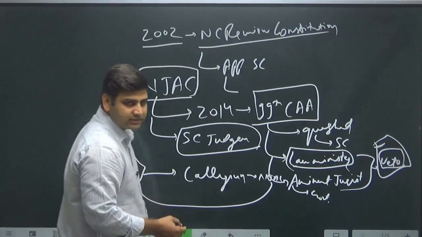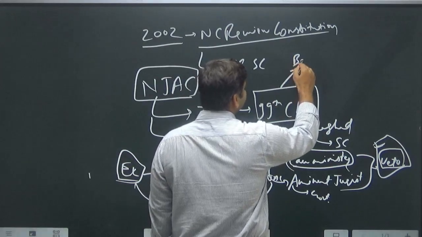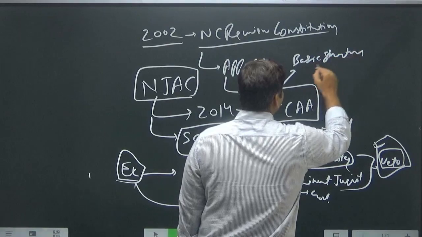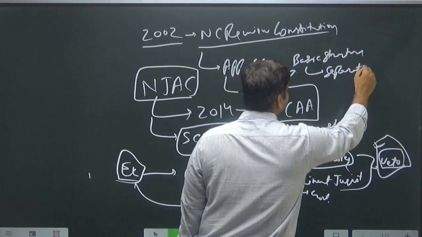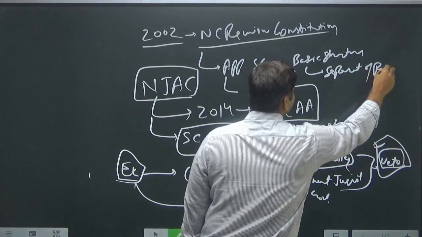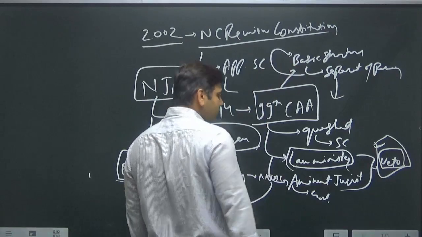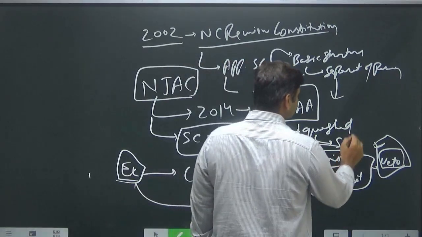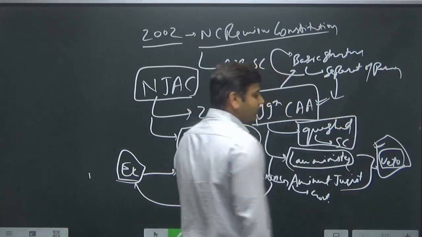Hence, citing the basic structure of the Constitution and separation of power, which is an important element of the basic structure of the Constitution, the Supreme Court of India quashed the National Judicial Appointment Commission Act, which is the 99th Constitutional Amendment Act.